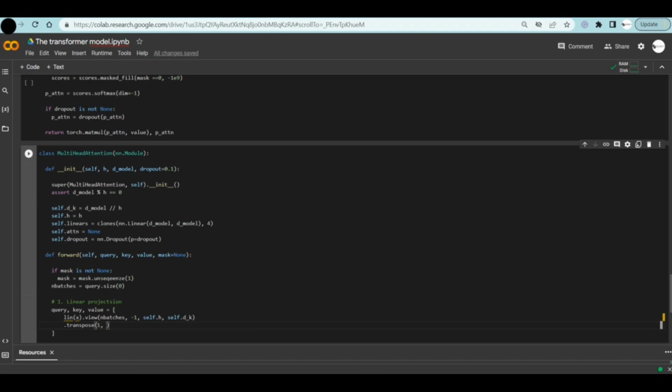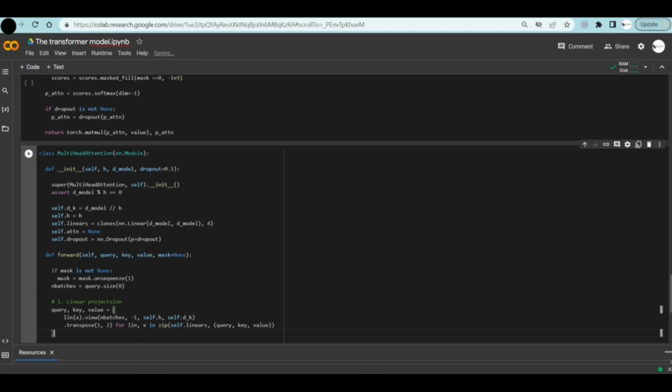This is a list comprehension, so that's why it's written like this. We say for l, x in zip of self.linears, then we take the query, key, and value.